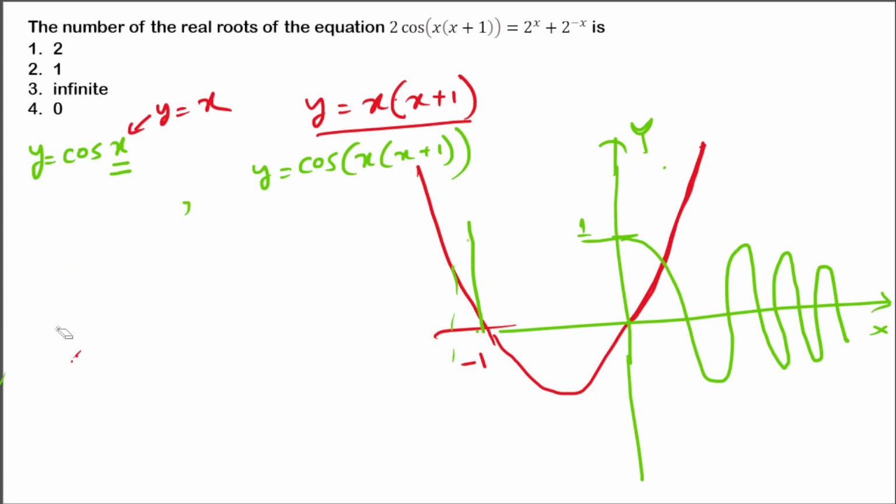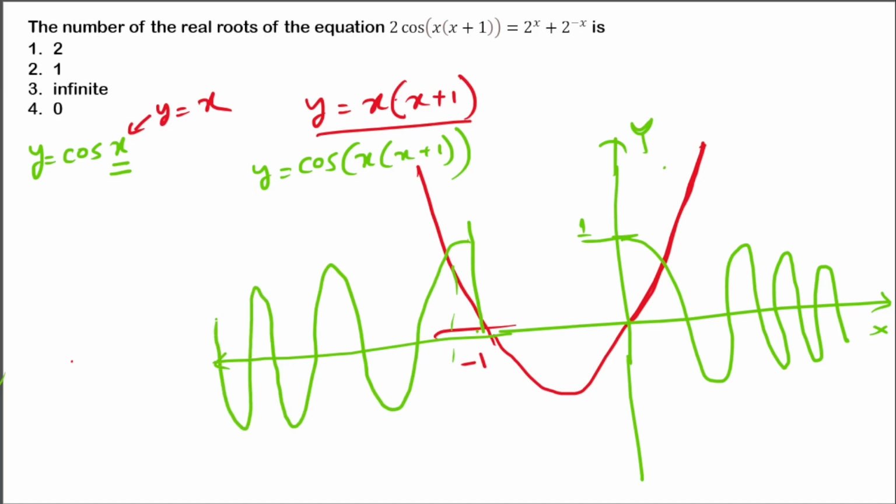This also will be something like this. In between these two points, this never actually crosses pi by 2. This value is minus 1 by 4 if you calculate. So your graph is something like this. This is our graph of y equals to cos of x into x plus 1.